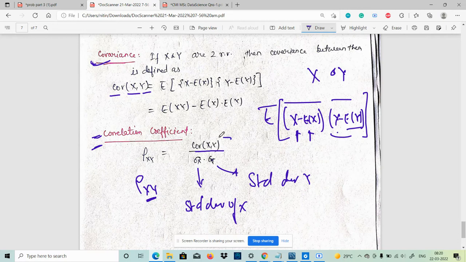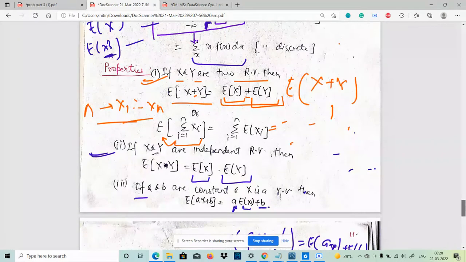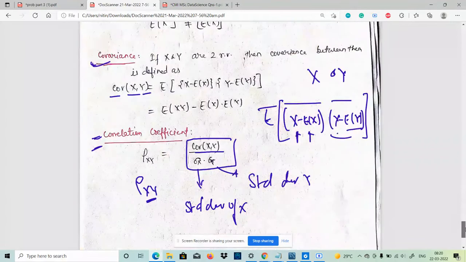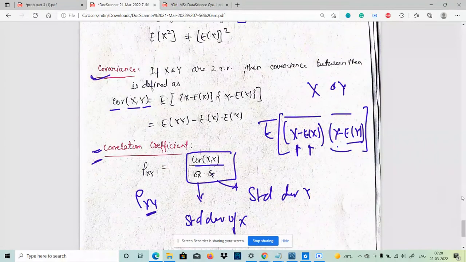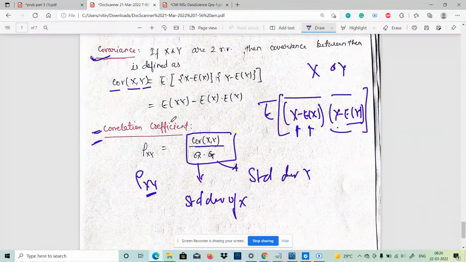This particular thing is termed as correlation coefficient. Some questions are asked from mathematical expectation, but covariance and correlation coefficient have not been asked in the past 3 or 4 years. But you have to remember these things, since some basic questions can be asked based on them.